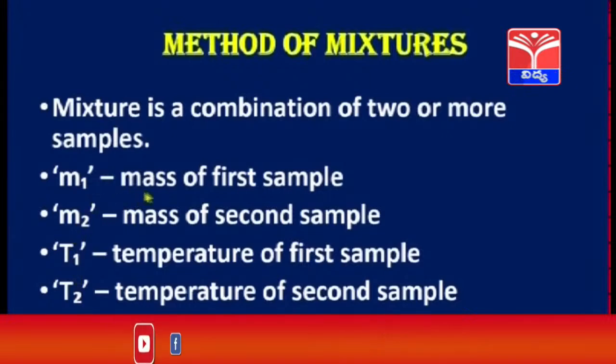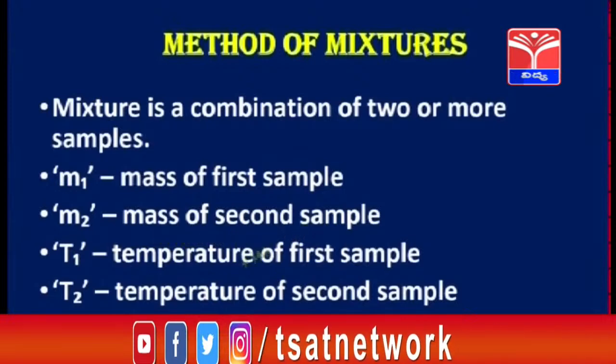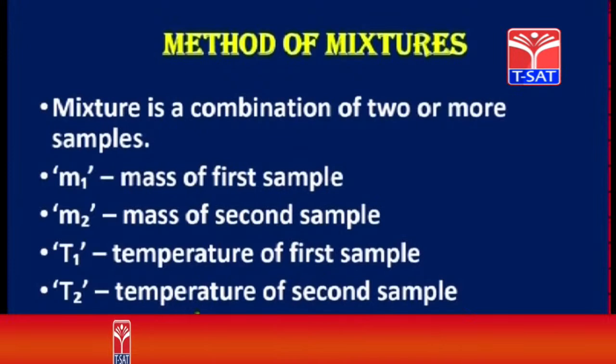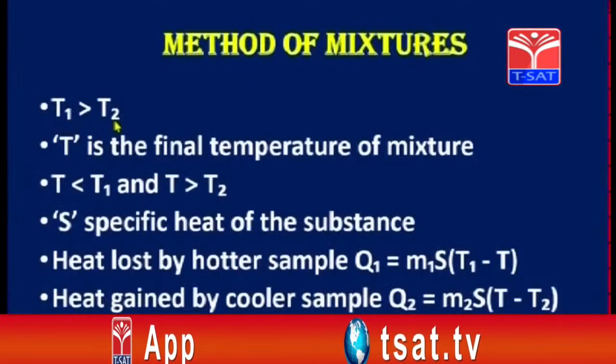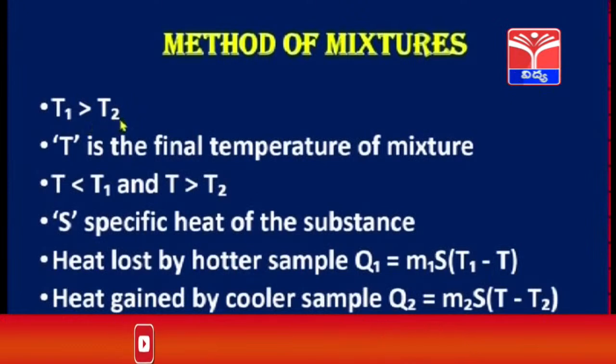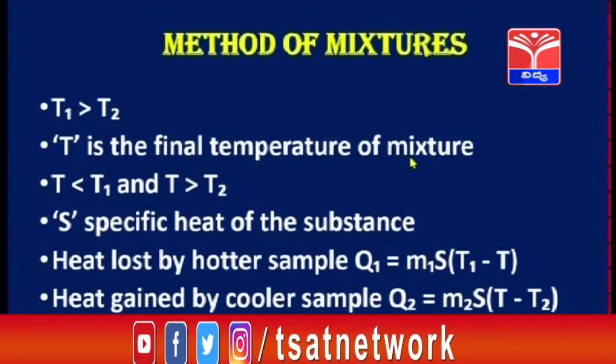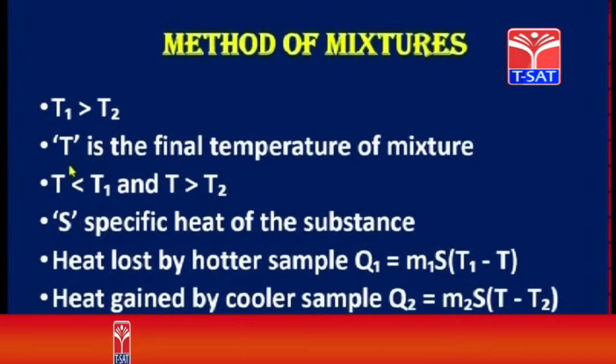Let M1 be the mass of the first sample, M2 be the mass of the second sample, T1 is the temperature of the first sample and T2 is the temperature of the second sample, such that T1 is greater than T2, and T is the final temperature of the mixture. When we mix these two samples, they both reach a common temperature which is given by T.